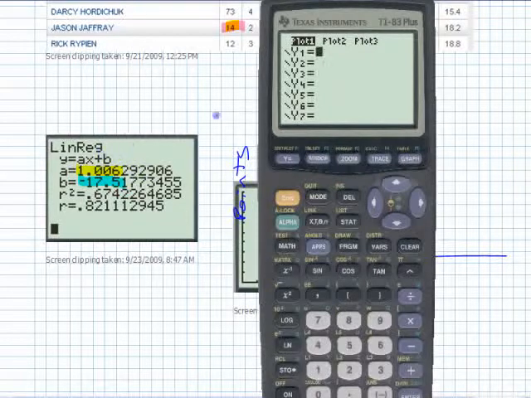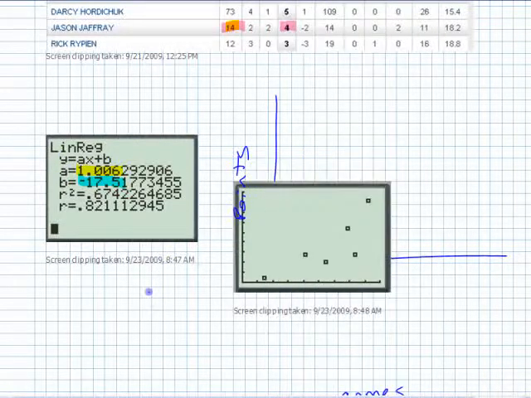Basically, you put in ax plus b, but substituting in what it gave you for a, and what it gave you for b. There is a fast way to get it to do it, but I want you to do it by hand first. Then I'll show you, so you know what you're doing.